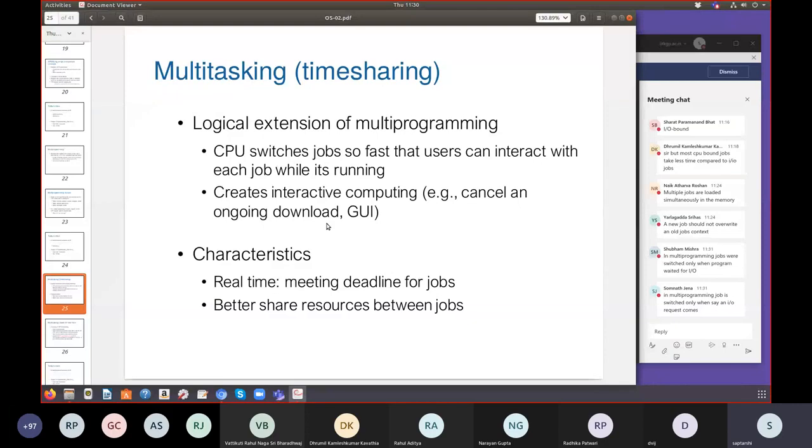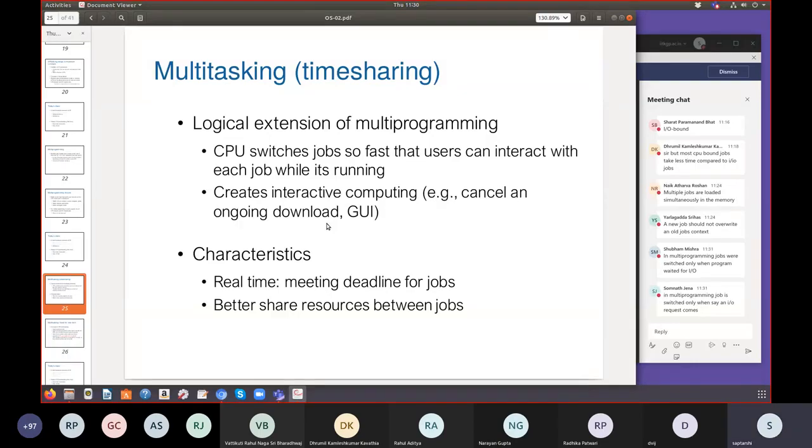We are deciding to share the time. If there are 100 jobs, every second will be divided into 100 units, and one unit will be given to every job, let's say. So even if a job does not ask for IO, it can be switched. Our processor CPU can be taken away from that job and given to some other job. So that's a major difference between multiprogramming and multitasking.